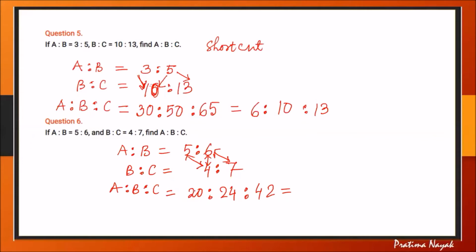It will be 2, 2, 10, 2, 12, 2, 21. So this is the answer. 6 times 7 is 42. Yes, 42. Can it be cancelled with anything? No. 10, 12, 21.